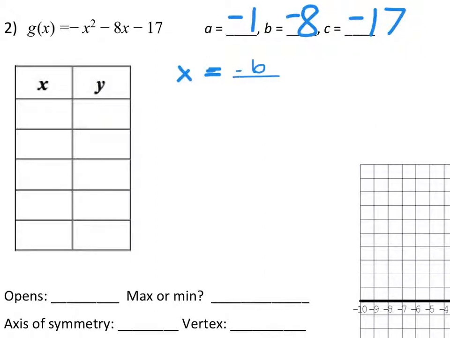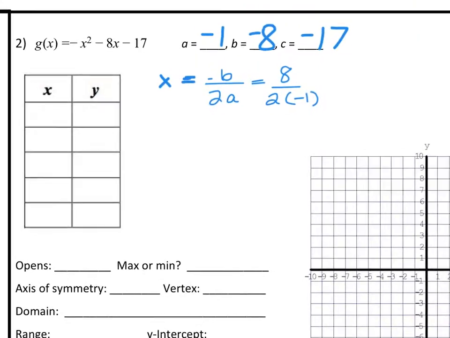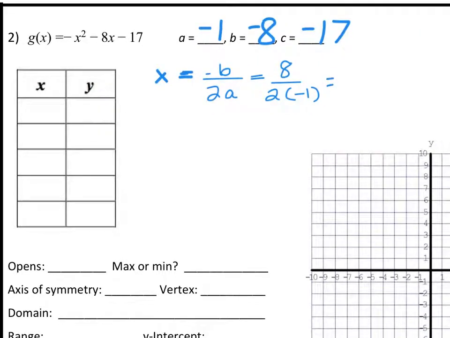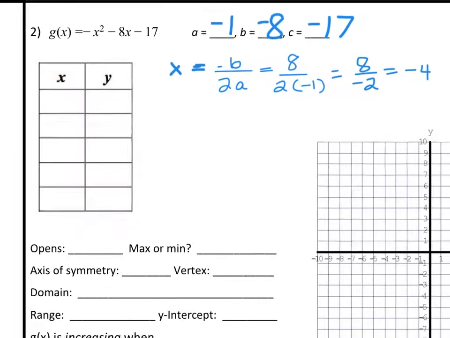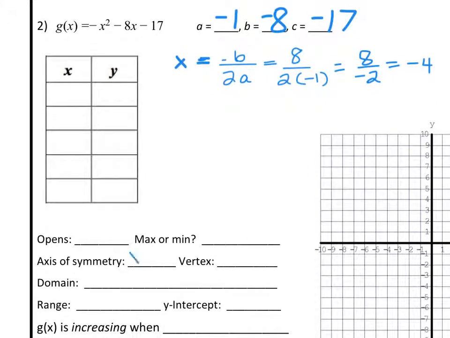Instead of -8, you'll put positive 8 over 2 times a, which is -1. So you do 8 divided by -2, which is -4. That's your axis of symmetry. x equals -4.